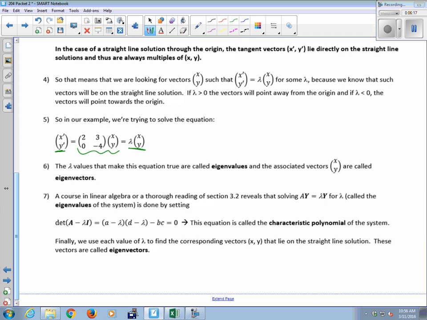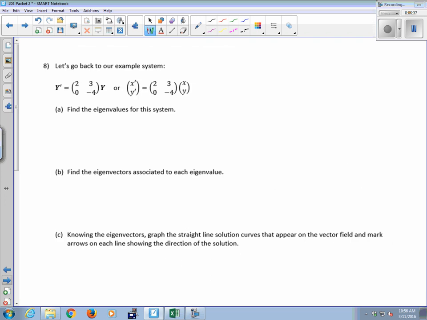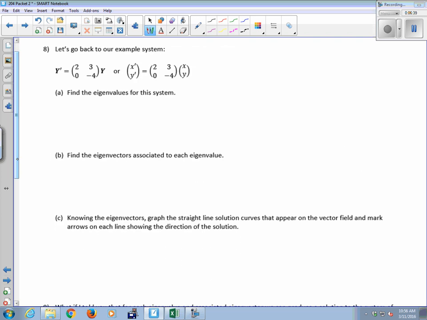So that's how you find eigenvalues, and that equation is called the characteristic polynomial. And finally, once you know the eigenvalues lambda, you solve for the eigenvectors by solving A v equals lambda v. All right, so we'll do an example because that was all pretty general.